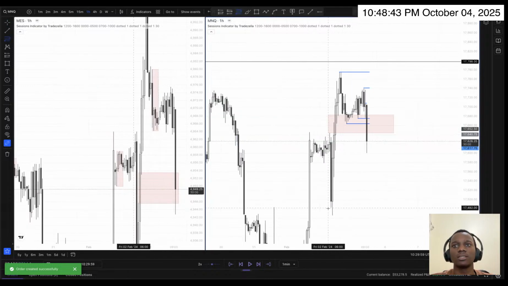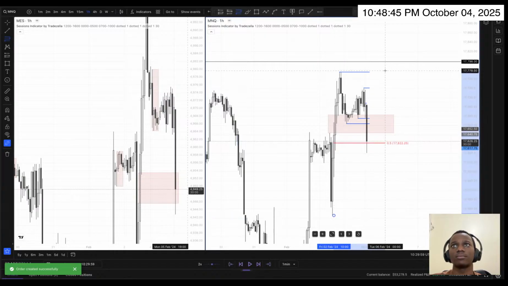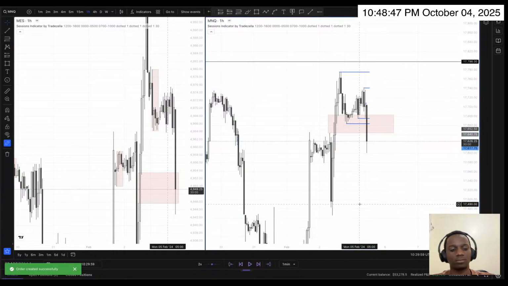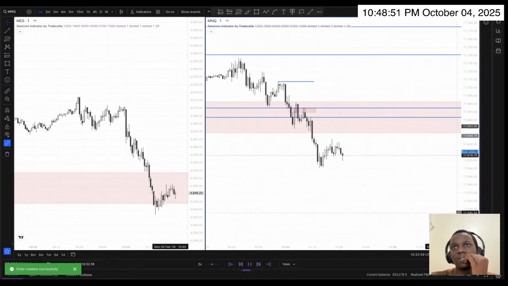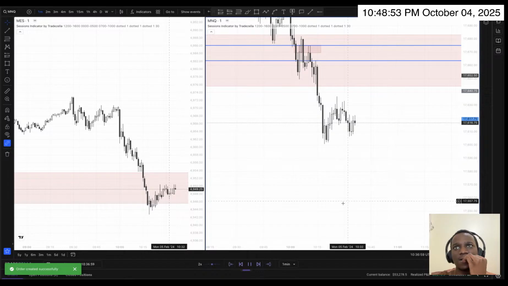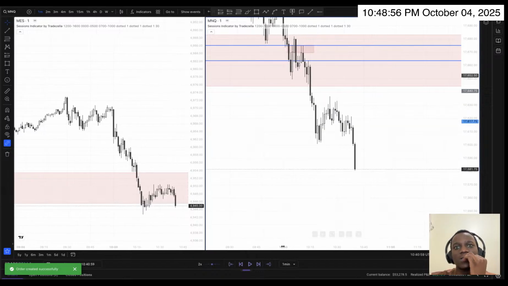Could be rebalancing here. Let's go to the next day though.